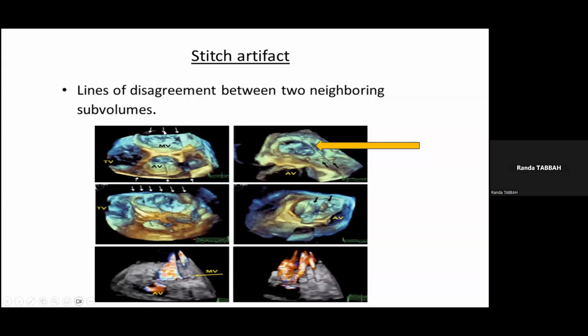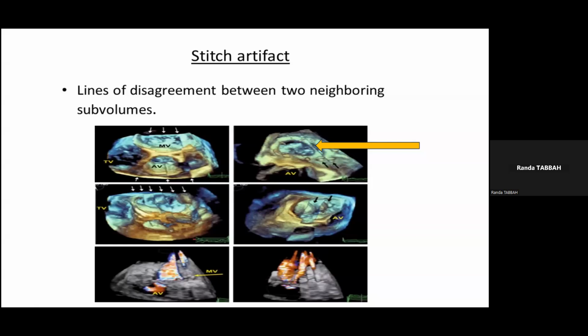You can see here the lines. We don't have a very good image. You can see here the small lines. These artifacts are due to the patient, for example, having a lot of respiratory issues or cardiac arrhythmia.